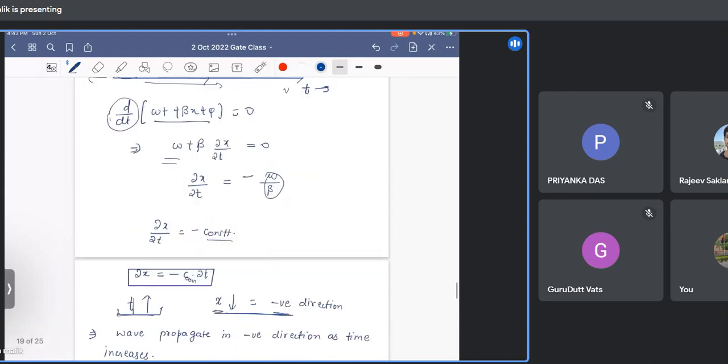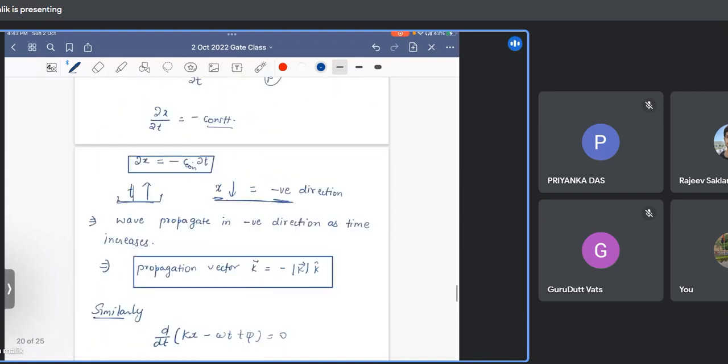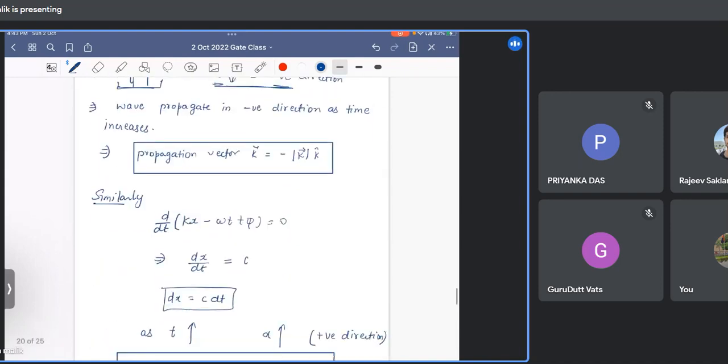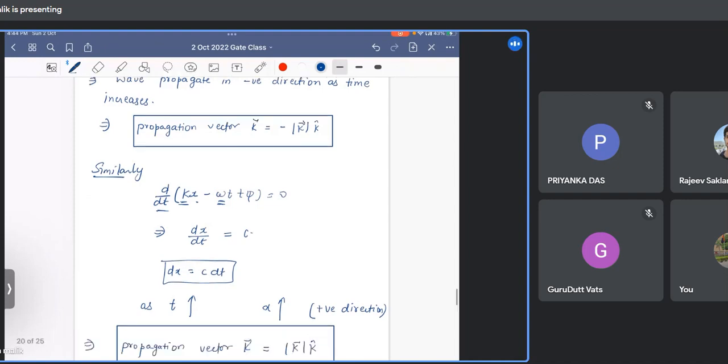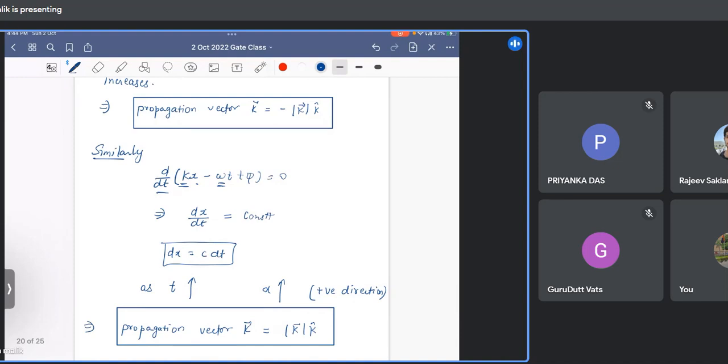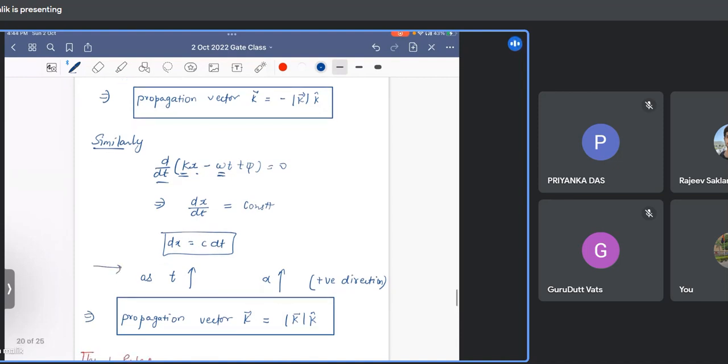Similarly, you can ask when the wave will go in the positive direction. Well, whenever the signs of the x component with the k vector and the omega times t term are opposite, then when you calculate dx by dt, it will become a positive constant value. Then if your time increases, your x increases. That is, your wave is moving in the positive x direction.